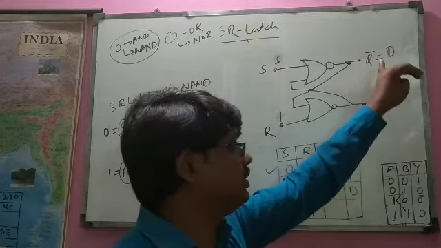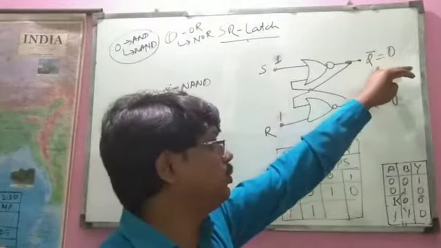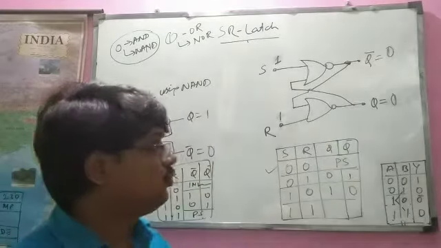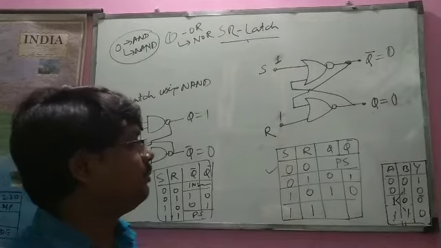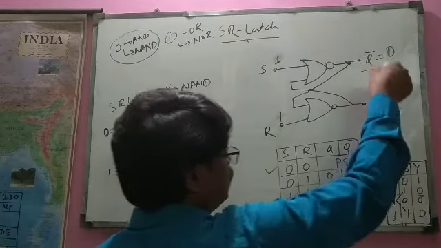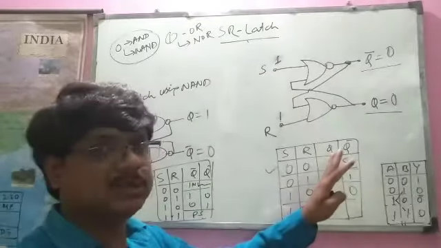If this is 0, it should be 1. If this is 1, it should be 0. Both the outputs are complements because this is Q and this is Q bar. So we must remember one thing, that this Q and Q bar are opposite or complement to each other.